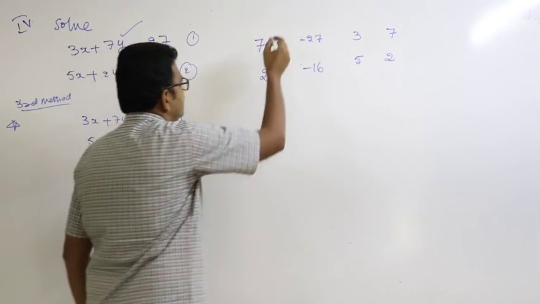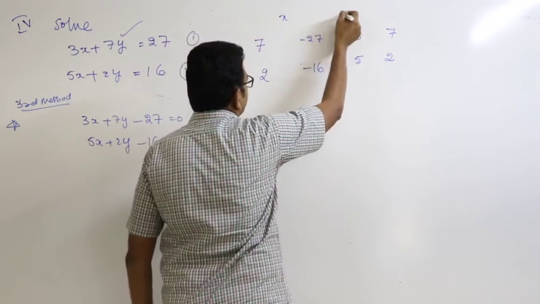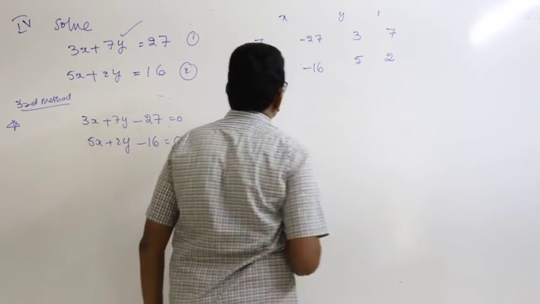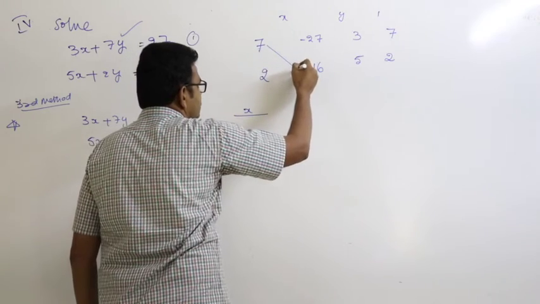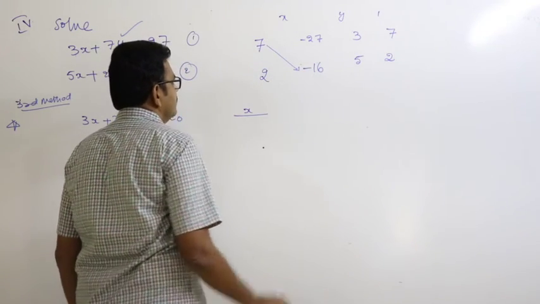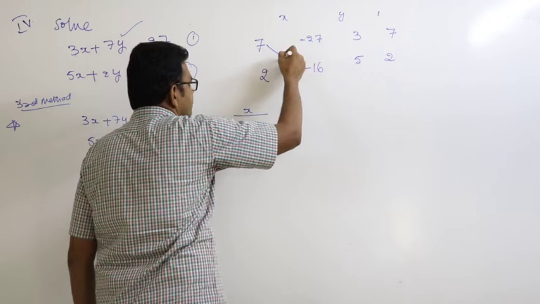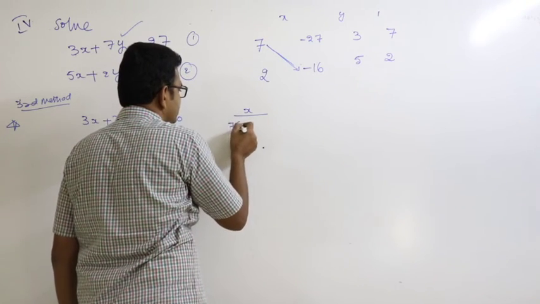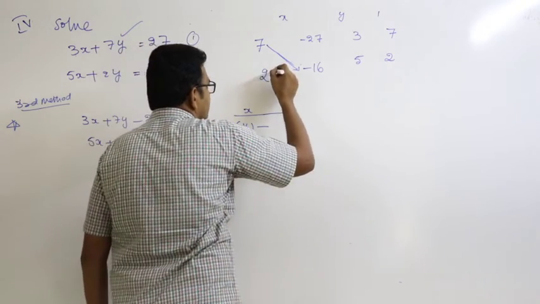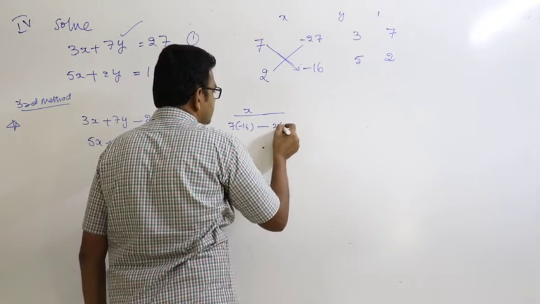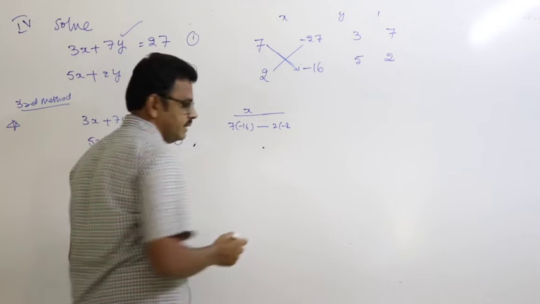You can put here x, here y, here 1. Always put it like this. Now, x by the product of these two. You can multiply these two, that is 7 into minus 16. Now put minus, and the product of these two, 2 into minus 27.